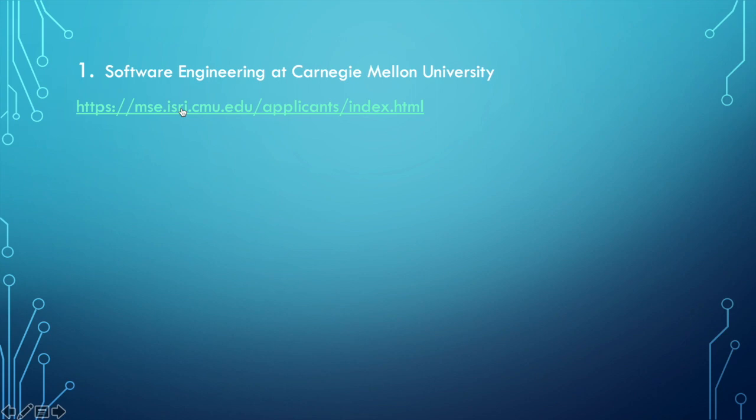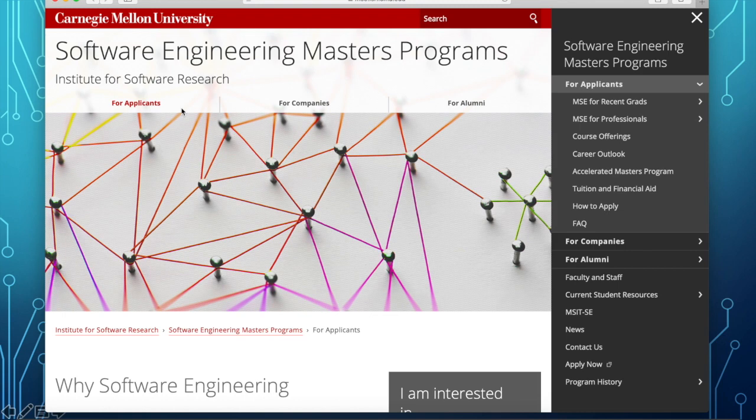They have a program called software engineering, and they have the master's and the PhD program for this course. So let us visit the website at Carnegie Mellon University for the Software Engineering Master's Program.